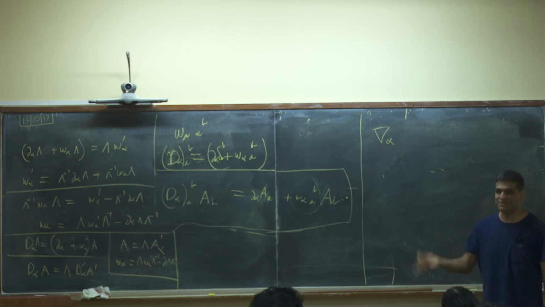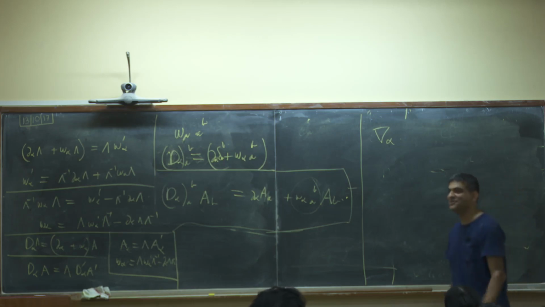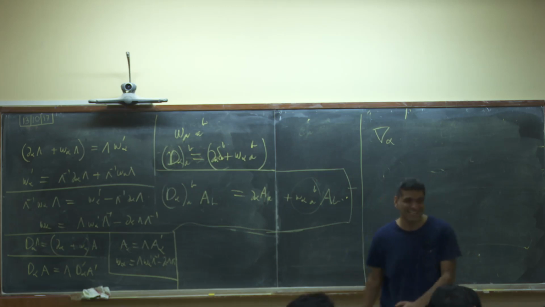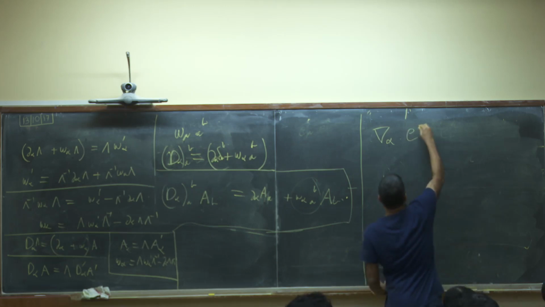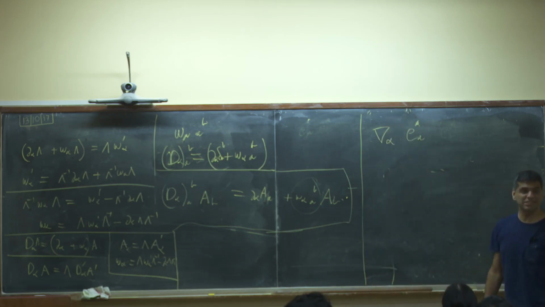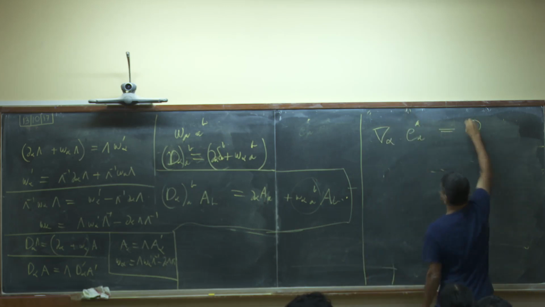Can anyone name an object that's mixed that we've encountered in this class? E A mu. Okay, that is a natural object that is mixed. We are going to impose the condition that the covariant derivative of this object is equal to 0.